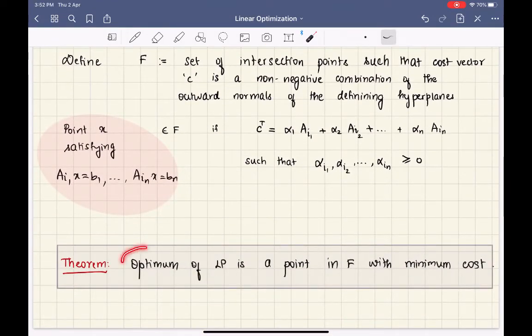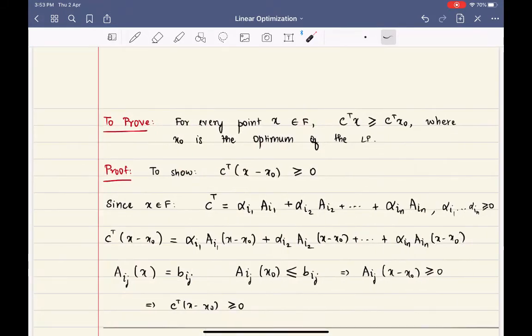The optimum of LP is a point in F with minimum cost. So there could be many points with minimum cost, and all those points would be optima of the previous LP. Okay. So this is the basic observation which helps us in the definition of the dual.